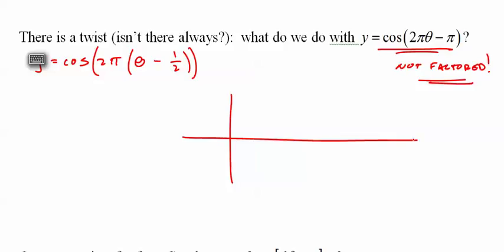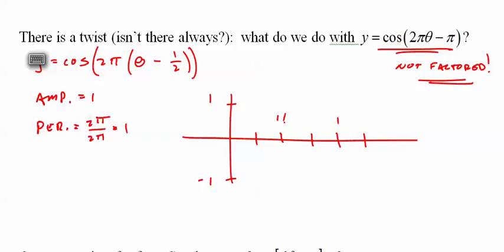Shifting to the right, so leave myself some space out there. Now let's do all our work. Amplitude 1, period 2 pi over 2 pi, 1. 1, 1/2, 1/4, 1/4, 2/4, 3/4.